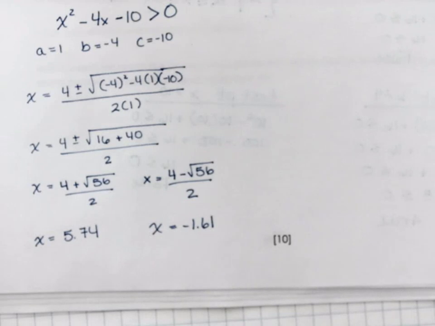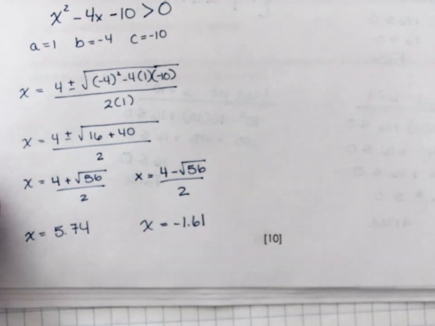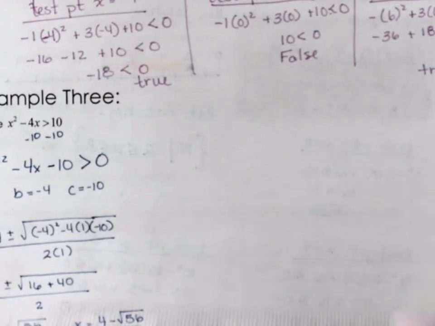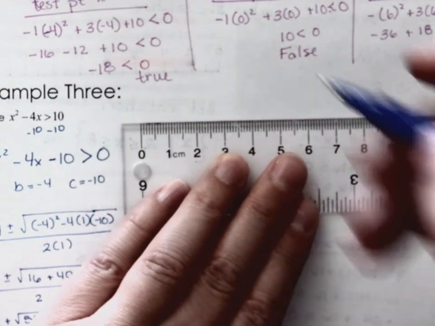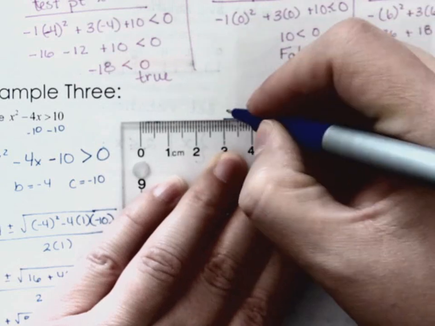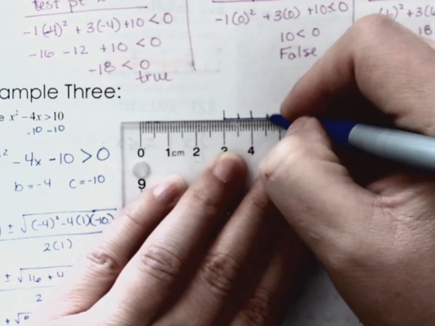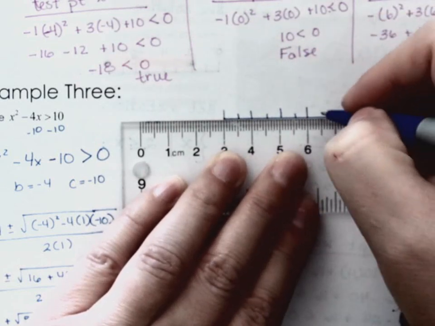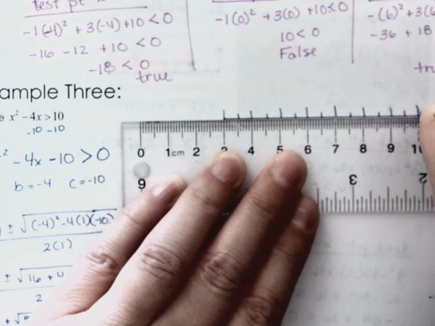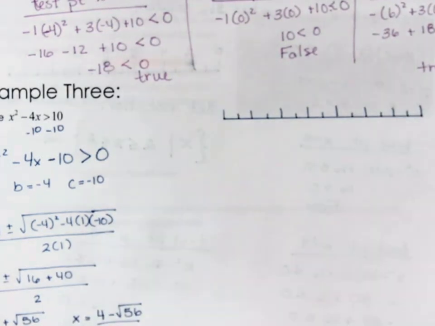Okay, not super nice numbers, but that's okay. They're still numbers, they still work. Nothing's too terrible. We're gonna do it the exact same way we just did the other one. All right, so there's my number line.